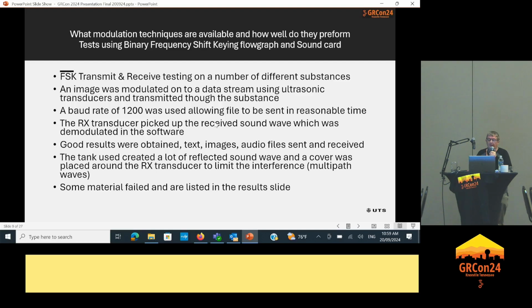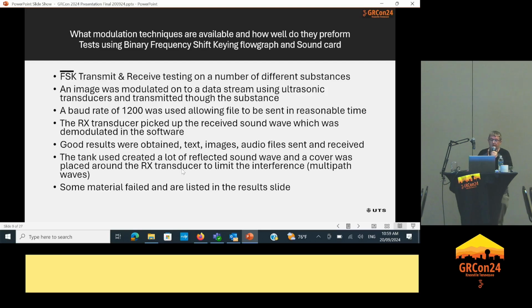And that allowed the file to be sent in a reasonable time, which is about 5 to 10 minutes for a 70K file. The RX transducer picked up the received sound wave, which was demodulated in the software. And I got reasonably good results, so I was doing text and images and audio files through the actual substance. And I created a tank to basically hold the liquid.